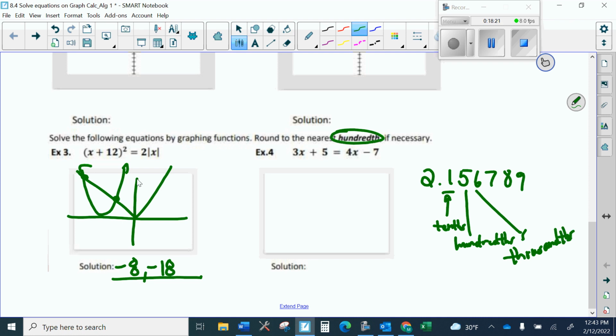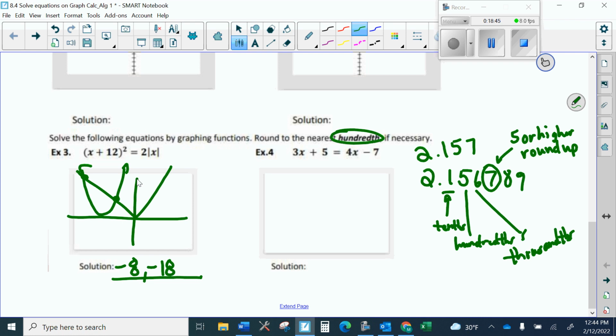So since we're at the nearest thousandths, I look at the next number over, past it. If it's 5 or higher, I round up. You should know this all the way back from elementary school. So my final answer in that case would be 2.157. Since that's a 5 or higher, that 6 goes up to a 7.